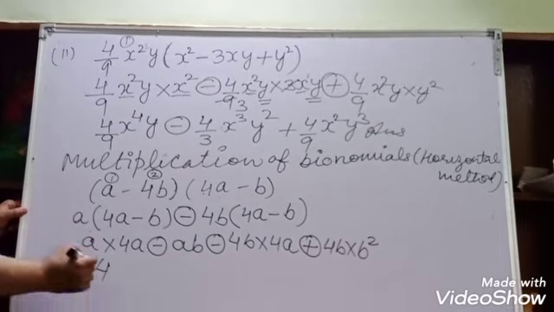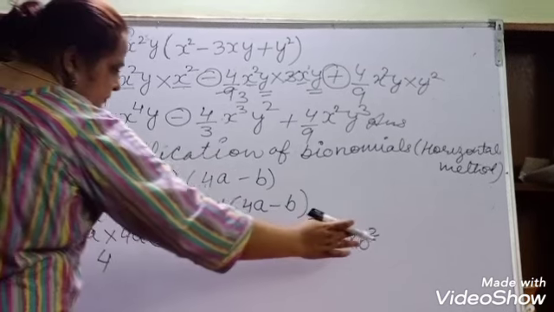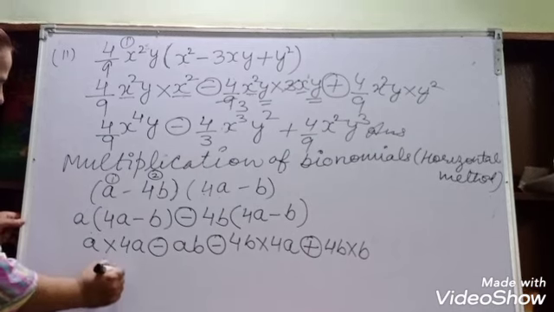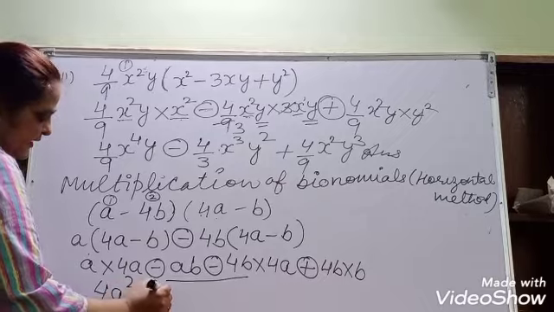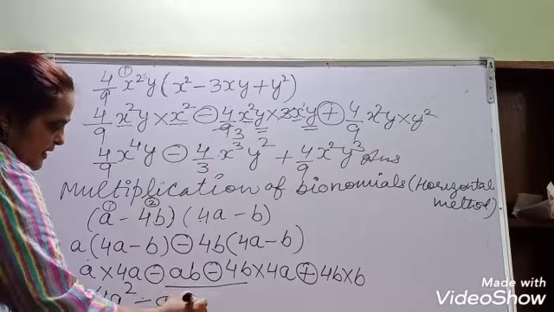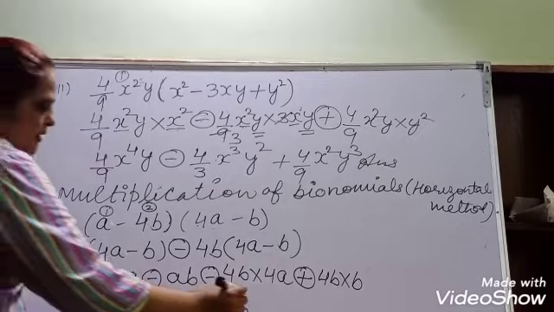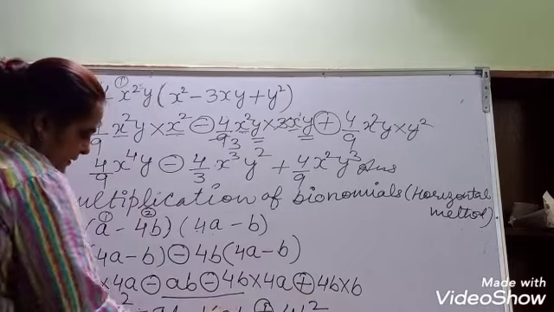A into 4a, I have written it here by mistake, so it will become 4a square. Now these are like terms, but we will solve it later on. Minus ab minus 4 4s are 16ab plus 4b square.